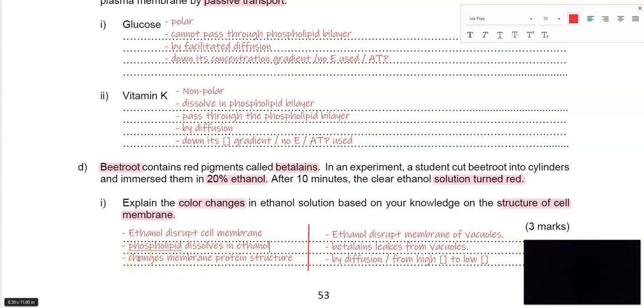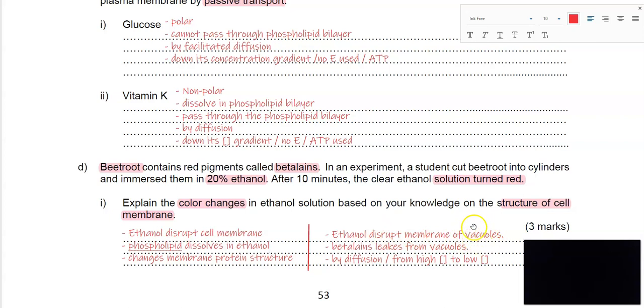Therefore the ethanol will also change the structure of the membrane protein. The proteins that are embedded in the membrane will also change their shape. The presence of the ethanol will also disrupt the membrane of the vacuole.